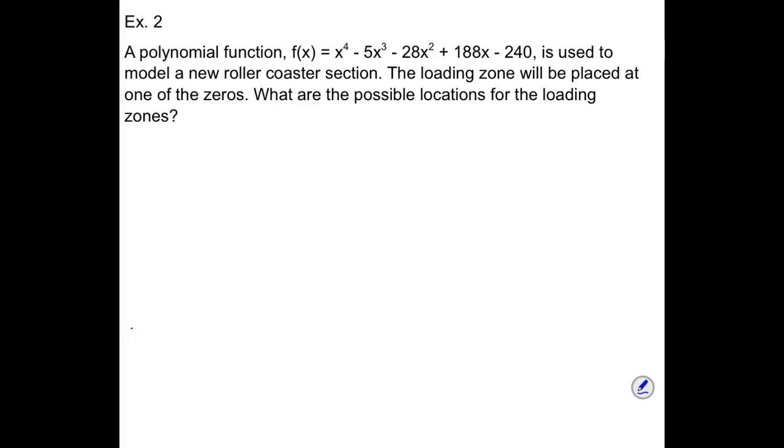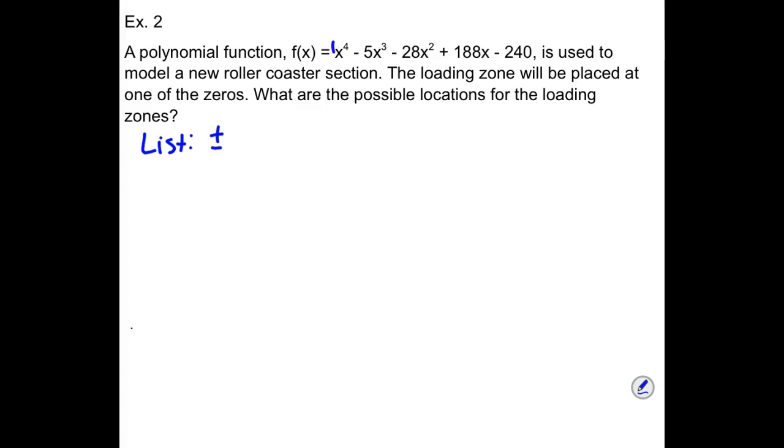So we are going to go through and look for possible zeros. We have a quartic polynomial, so that means there are 4 possible zeros, which means there would be 4 sections or 4 places that we could list as our loading zone. So I'm going to start out making my list. I have factors of negative 240 divided by factors of 1.